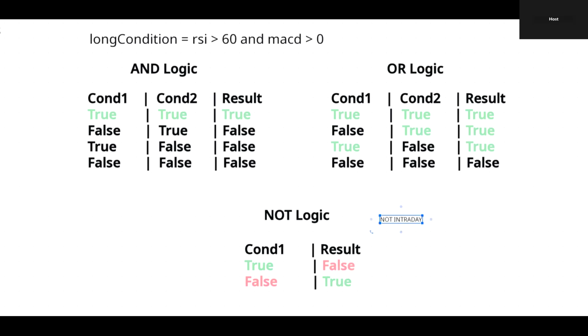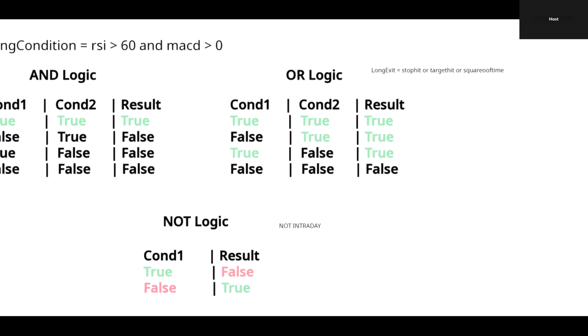So when it comes to OR logic, we can use something like, let's say my long exit is going to be, I will exit my longs if the stop hit is happening, or if the target hit is happening, or maybe if the square of time is reached. Square of time. If any one of those things gets a hit, in that case, we will be exiting our positions over here.